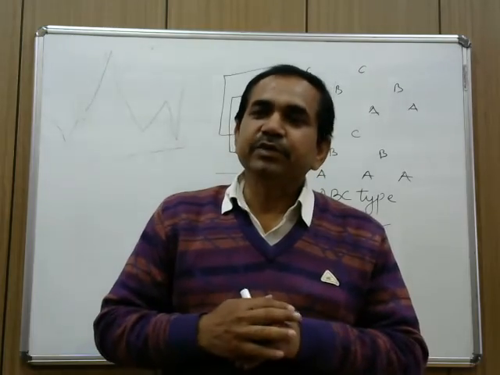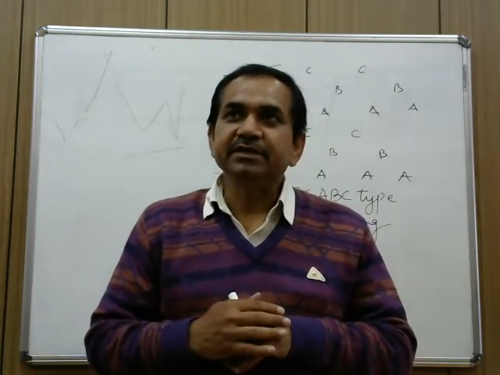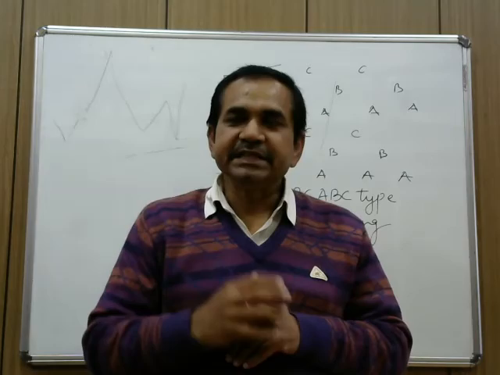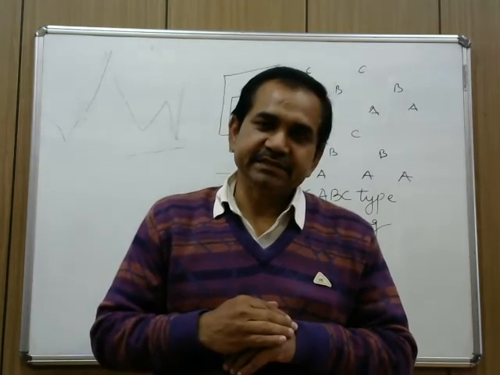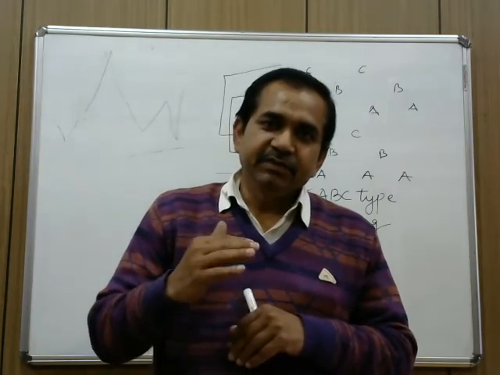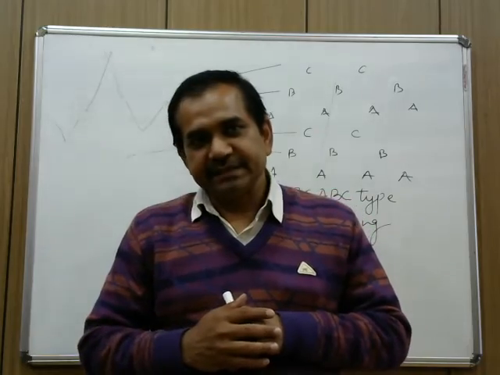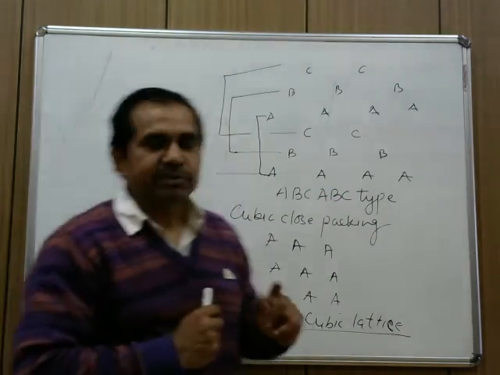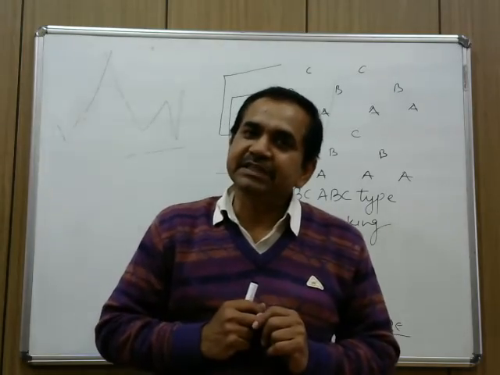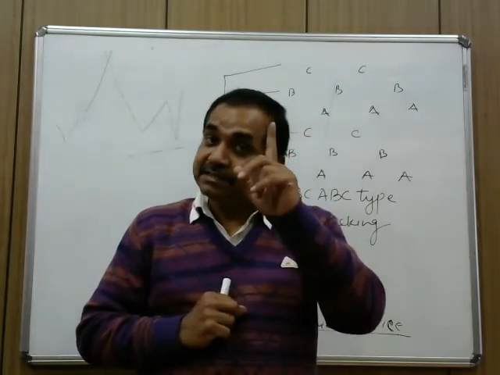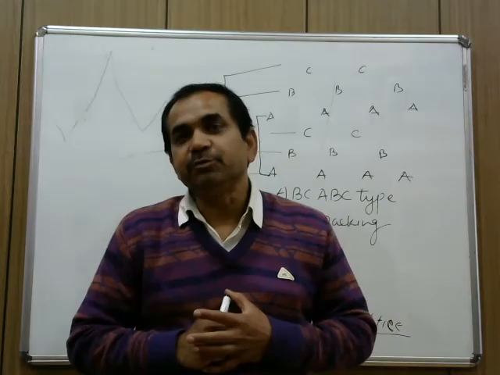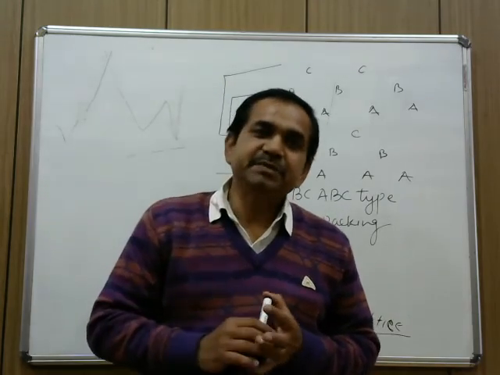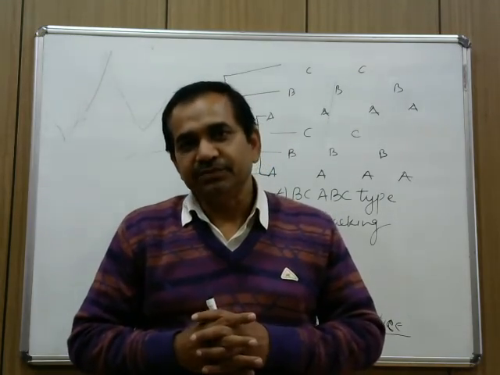That means out of the total space available, only 52% is occupied. The remaining 48% is vacant. But these two methods, cubic close packing and hexagonal close packing, are highly efficient, and 74% of the space is occupied and only 26% of the space is vacant.